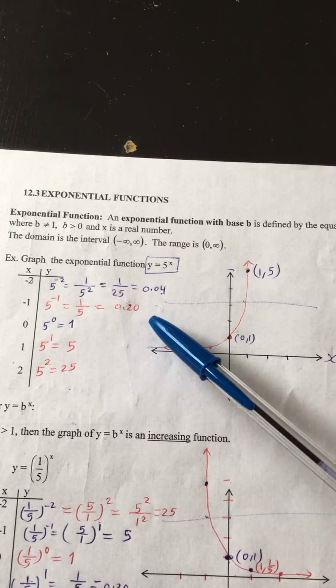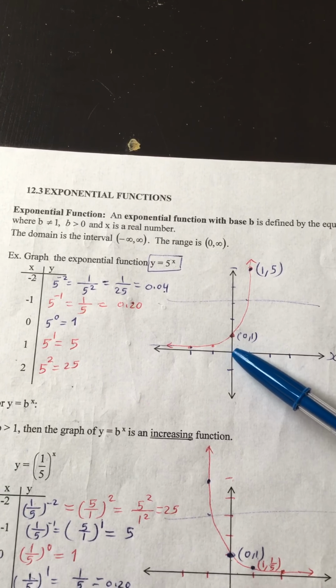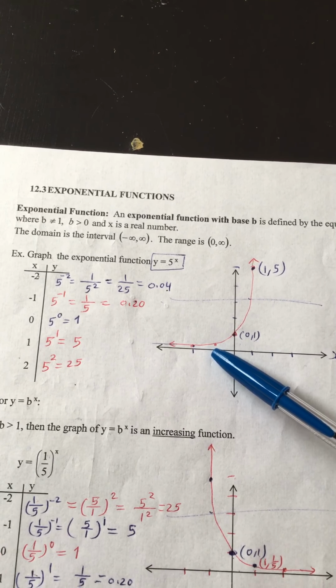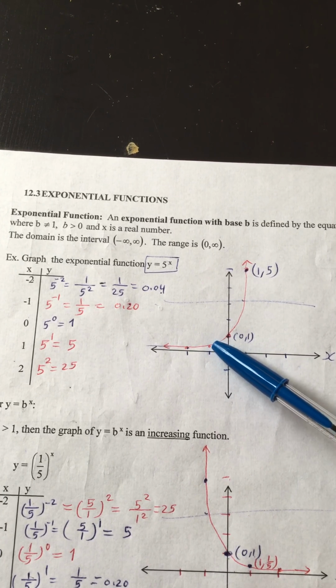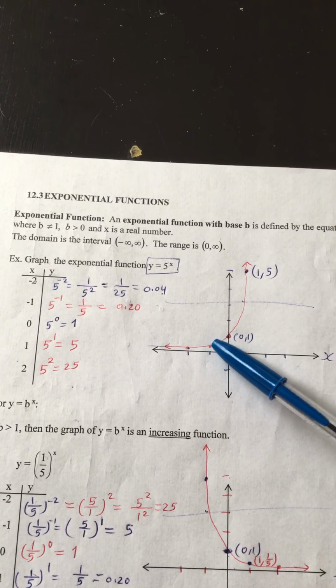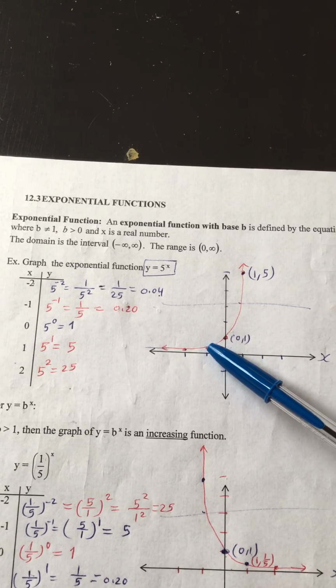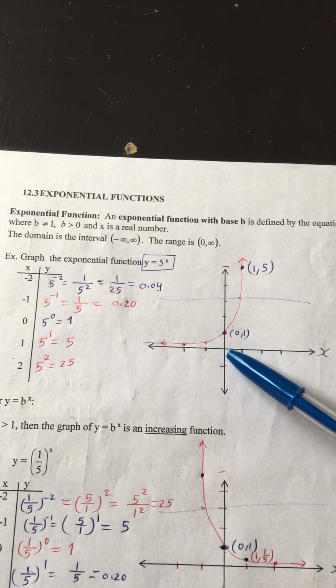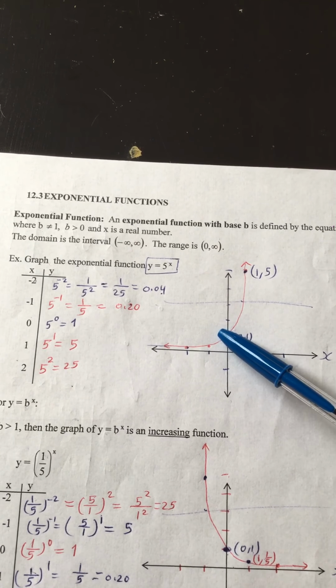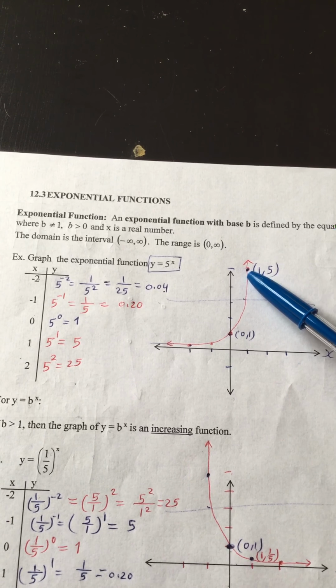Then negative 1, 0.2. From the origin we move 1 unit to the left, then 0.2. So this point is negative 1, 0.2, and so on. 0, 1, and 1, 5.